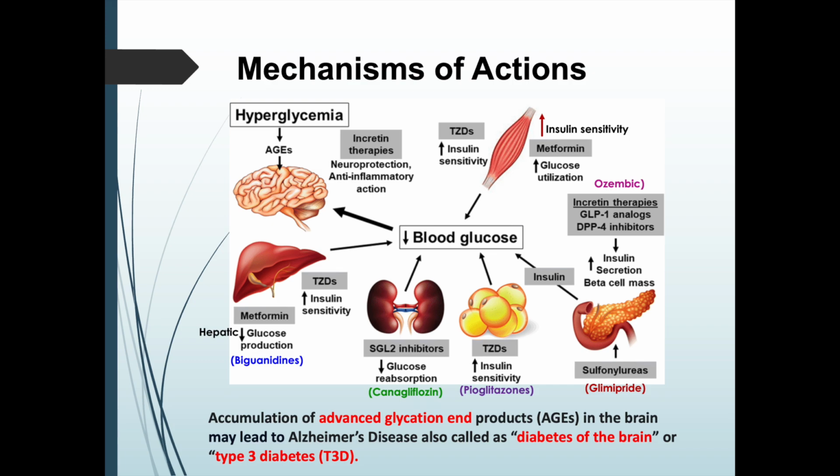So the SGLT2 inhibitors go through the lungs? No, those are kidneys. So it goes out through the urine. Does that use any oxygen? Does SGLT2 affect oxygen?